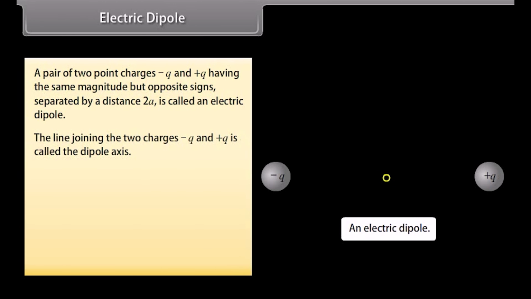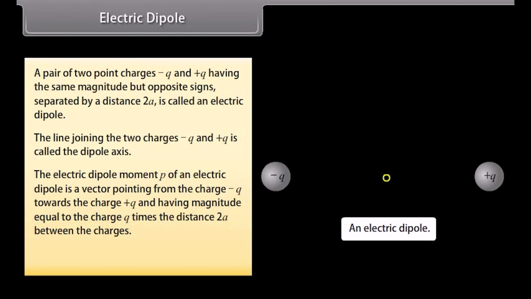The line joining the two charges, minus q and plus q, is called the dipole axis. The electric dipole moment P of an electric dipole is a vector pointing from the charge minus q towards the charge plus q and having magnitude equal to the charge q times the distance 2a between the charges. P is equal to 2aq p cap.